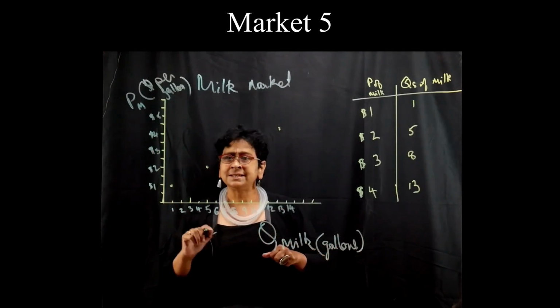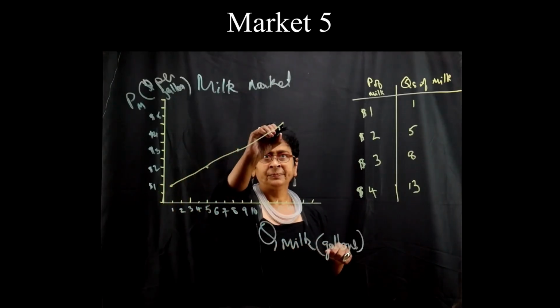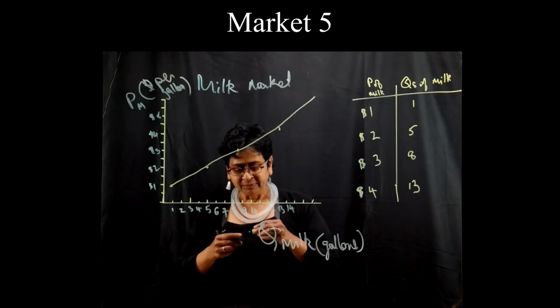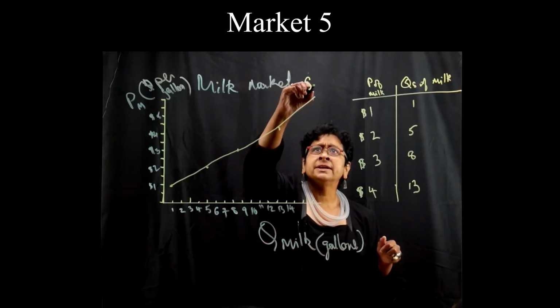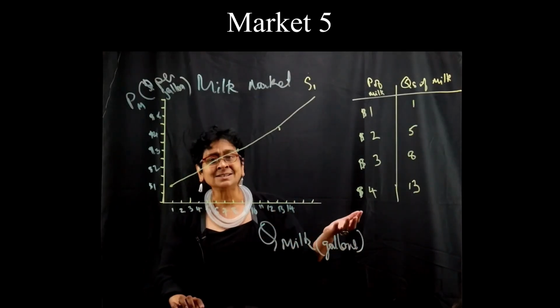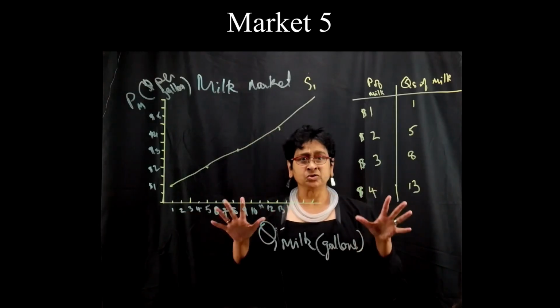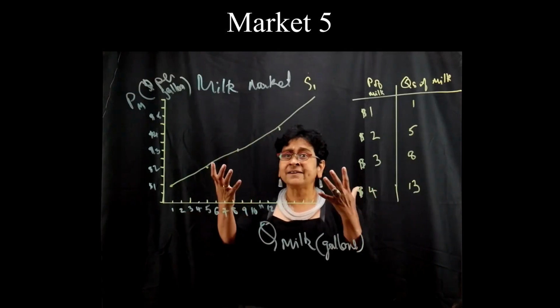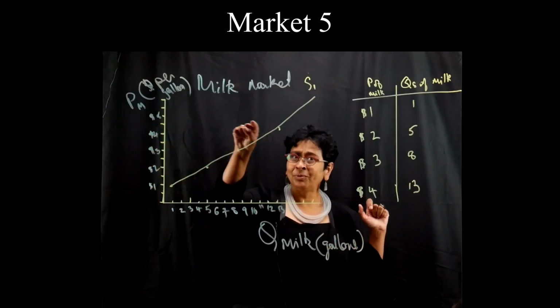And as you can see, this goes up. It's a positive slope. And that upward slope, so I'm going to call this S1, reflects that as the price of the good goes up, the quantity supplied of the good goes up, ceteris paribus. So this is our visual representation, and a reminder that we're reading it from the price to the quantity.